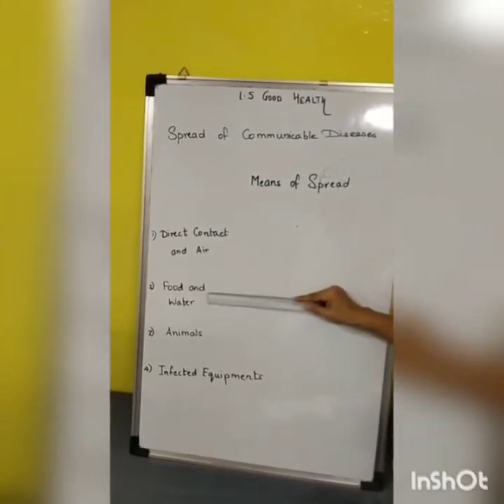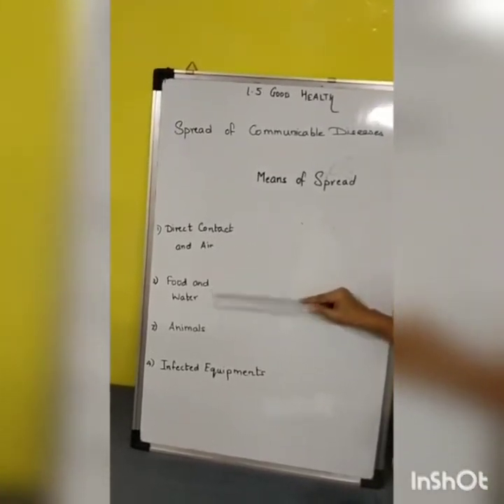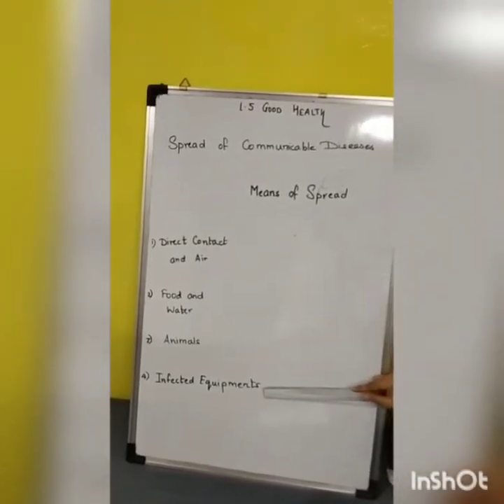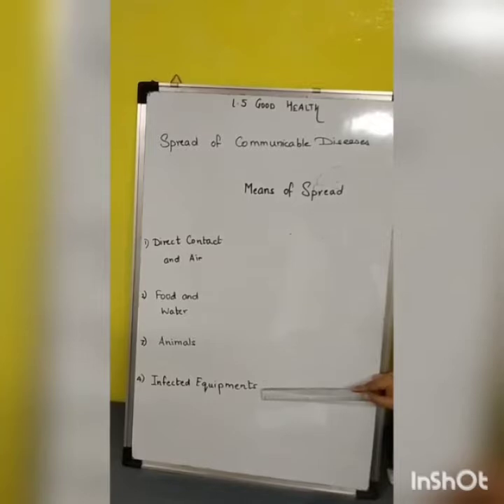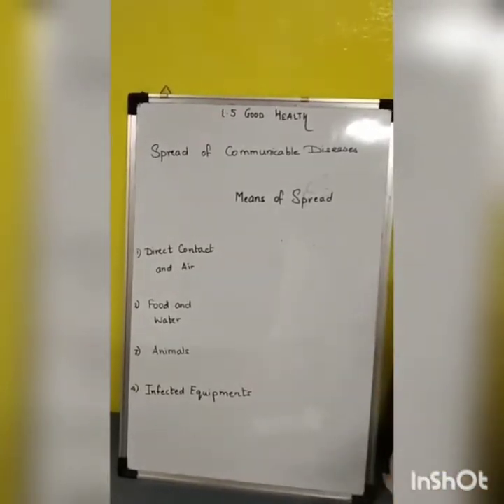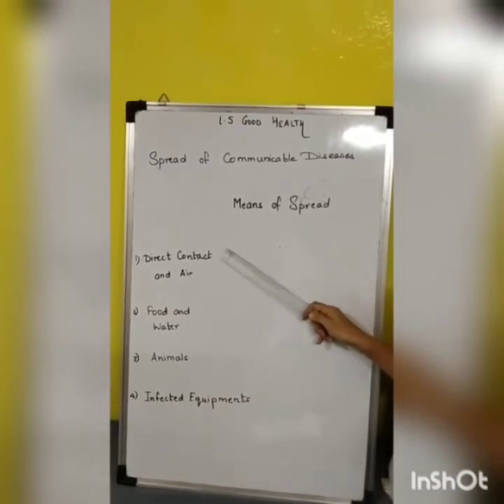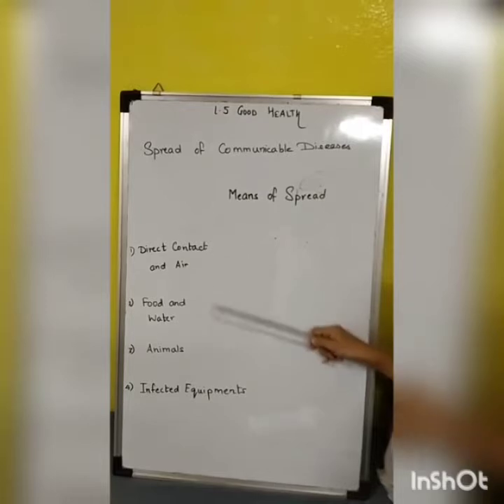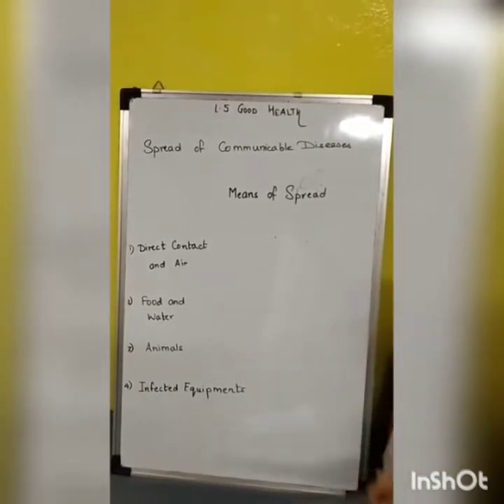Second is it can spread through food and water. It can spread through animals as well as it can spread through infected equipments. So now we are going to study each one of them in detail, that how does it spread through direct contact and air and how other person gets infected and which are the different examples of these diseases which spread through these means.